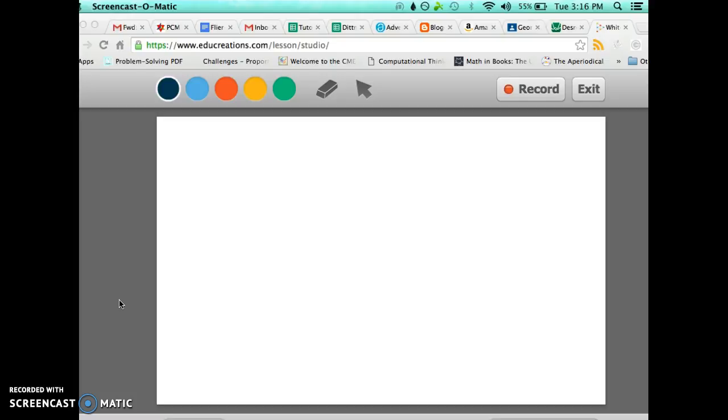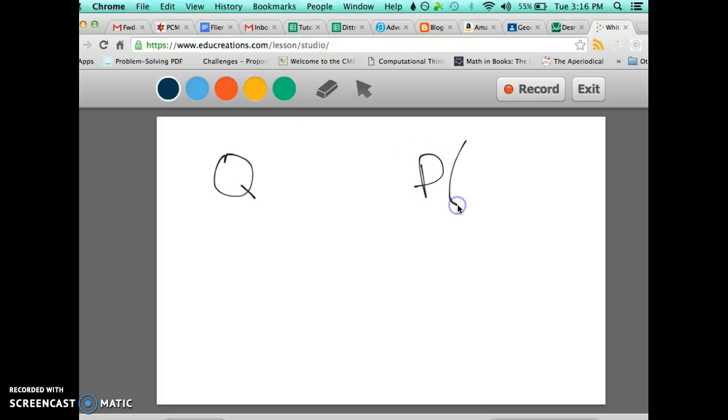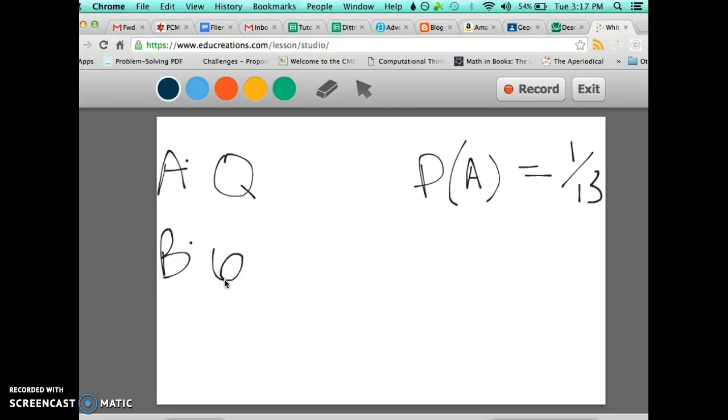With, like, when they ask what's the chance of drawing a queen in one card, and then you say, okay, that's probability of A, we'll call that queen, is 1 out of 13. And say the probability of drawing a 6 with another card, well, that's also 1 out of 13.